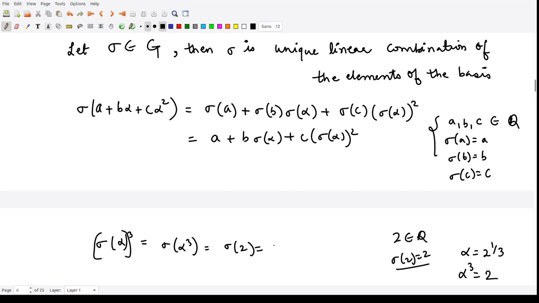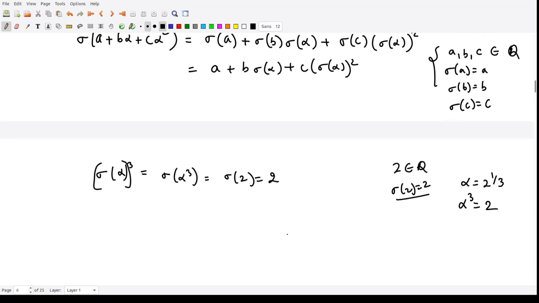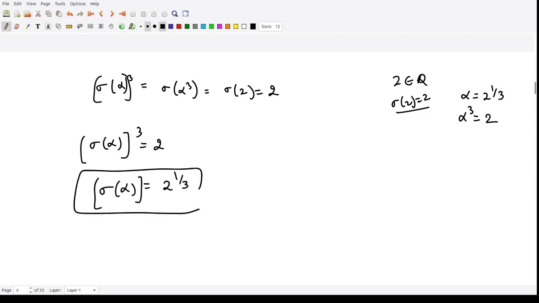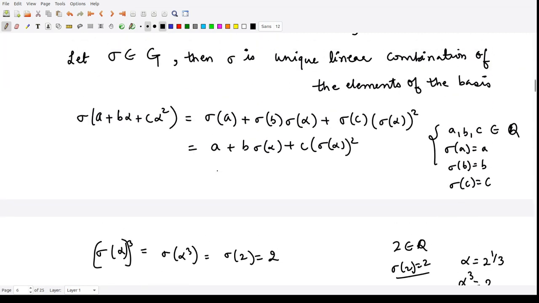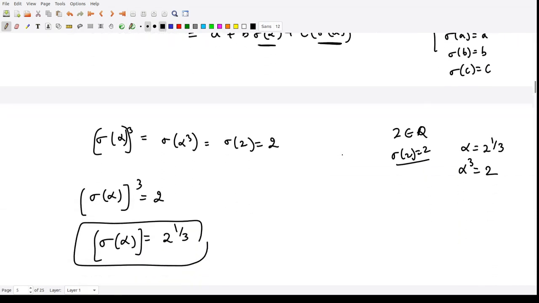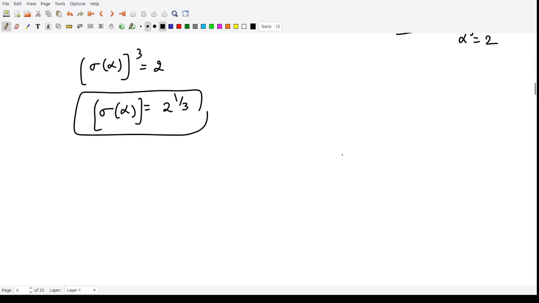So you could write sigma of alpha raised to power 3 is equal to 2. Or in other words, what would be sigma of alpha? It would be a cube root of 2. So that means we have calculated this sigma of alpha, which was not available from before. So now sigma of alpha would be a cube root of 2.